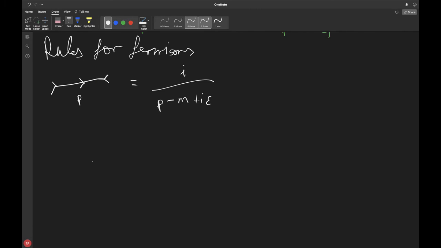Here it's actually going to be the slashed version of p, and we could multiply this with p slash plus m and get p slash plus m divided by p squared minus m squared plus i epsilon.